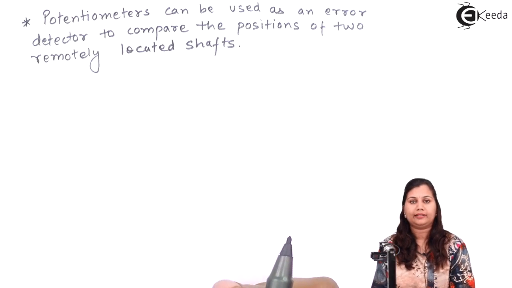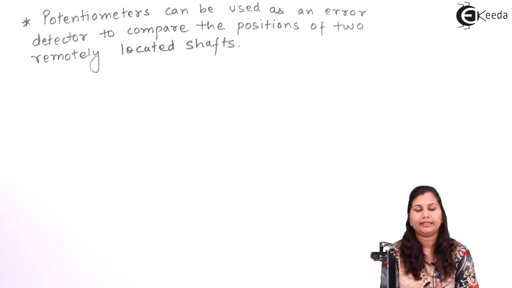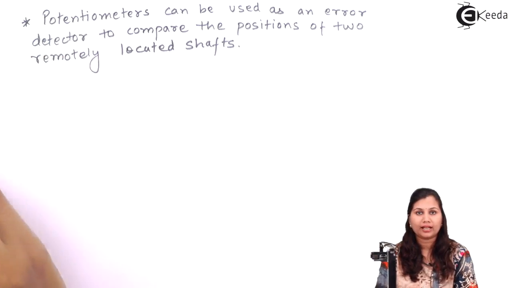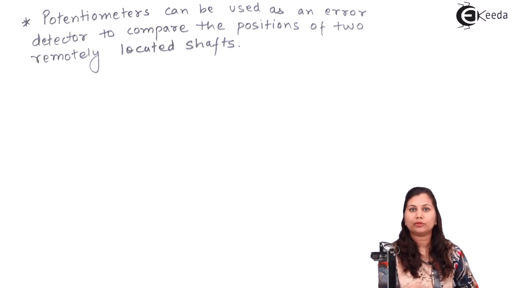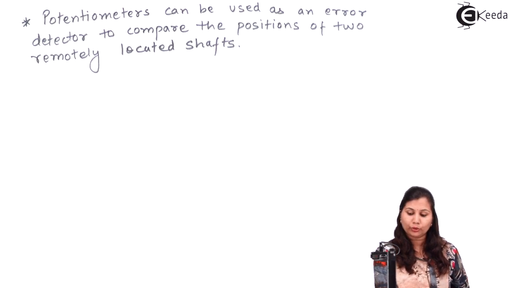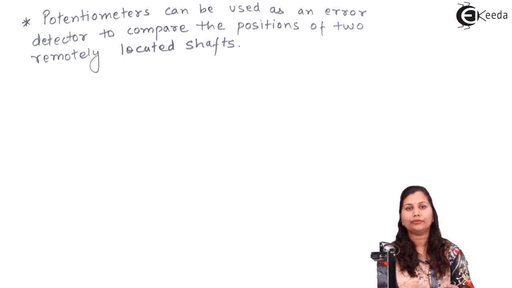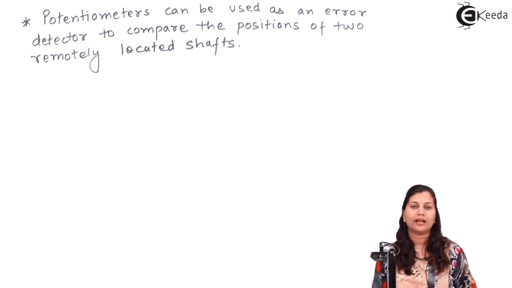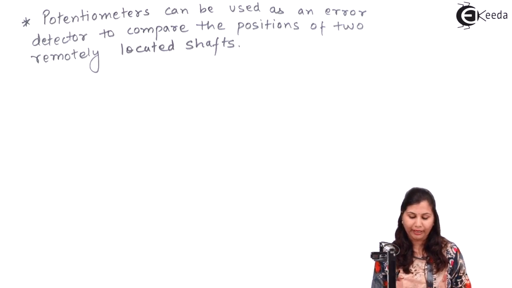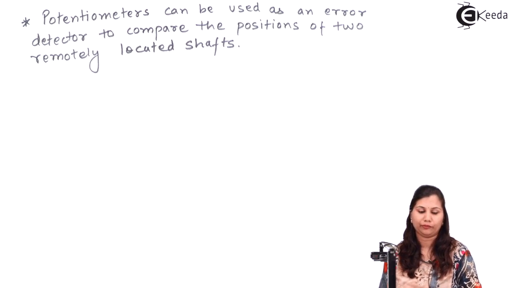Error detector means that it is finding out the errors. So what an error detector does is it compares two signals. Potentiometers can be used as an error detector to compare the positions of two remotely located shafts. That is, there are two shafts located at a far distance from each other, and if we want to find out the difference in the positions of the two shafts, then we can use a potentiometer for it.